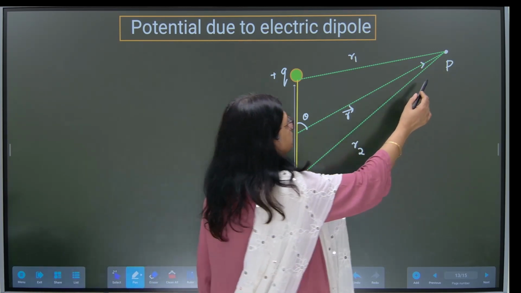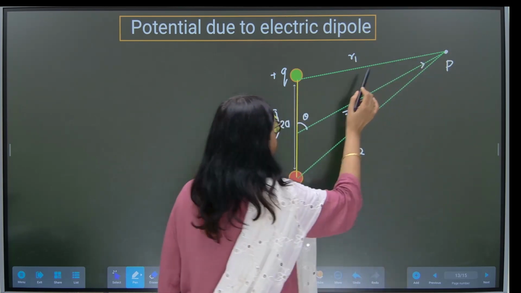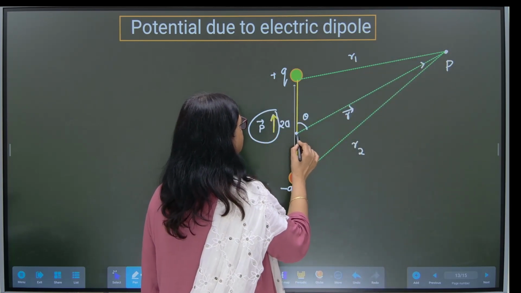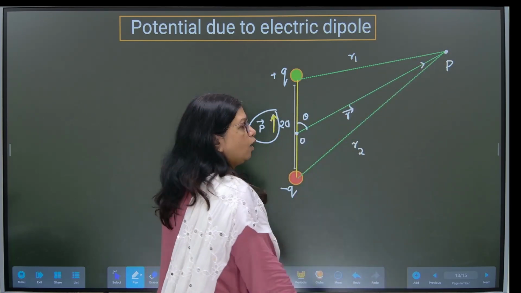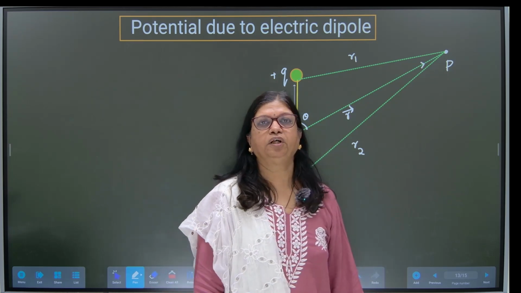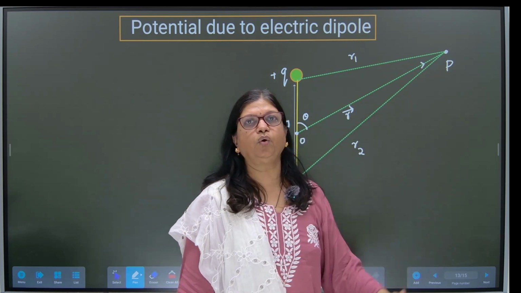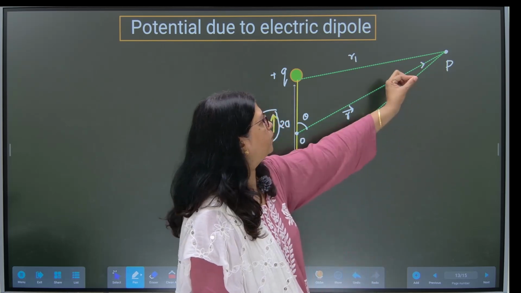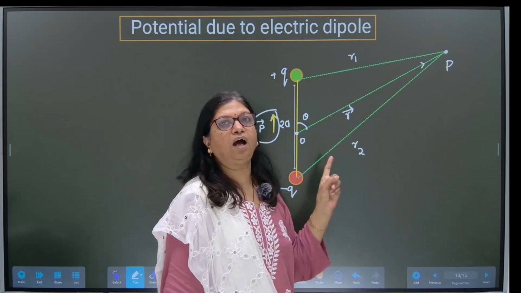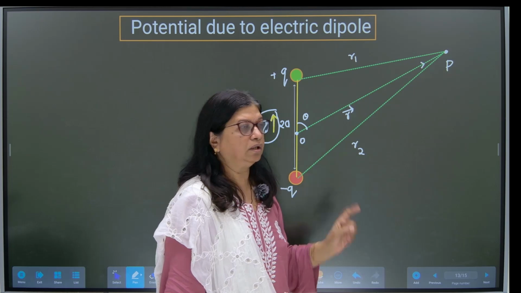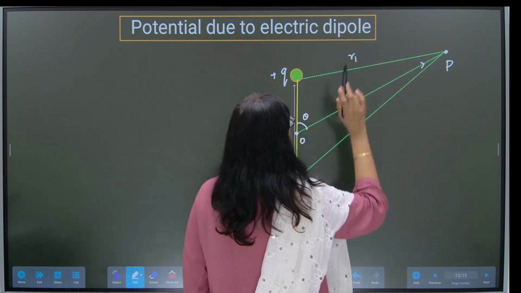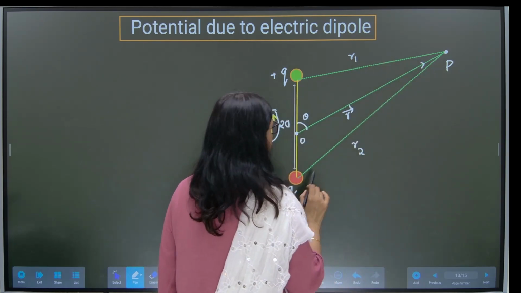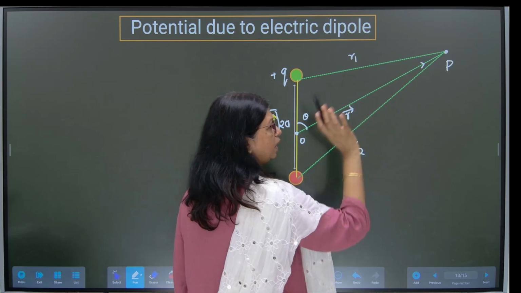Here I have a point P whose position vector from the center O, or the origin, of the dipole, center O can be considered as the origin, and the position vector of the point P from O is R vector. R1 is the distance between plus Q and P. R2 is the distance between minus Q and P.